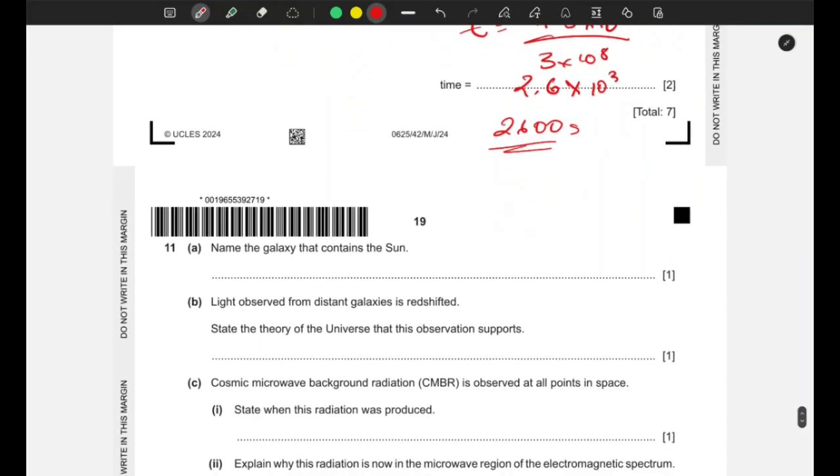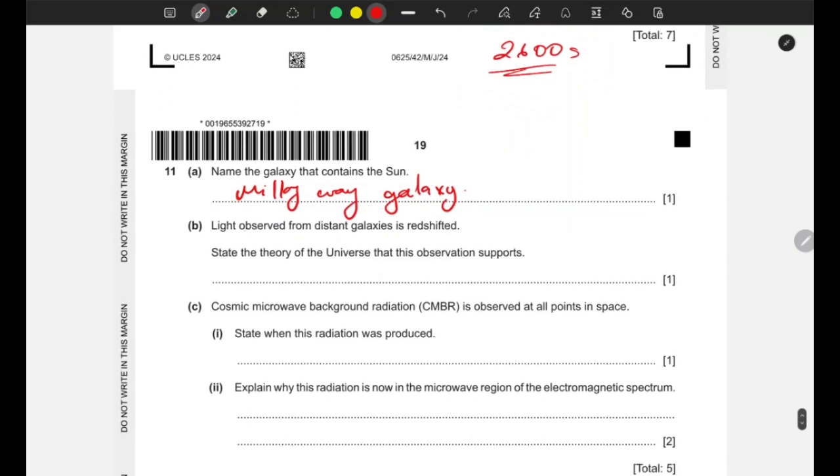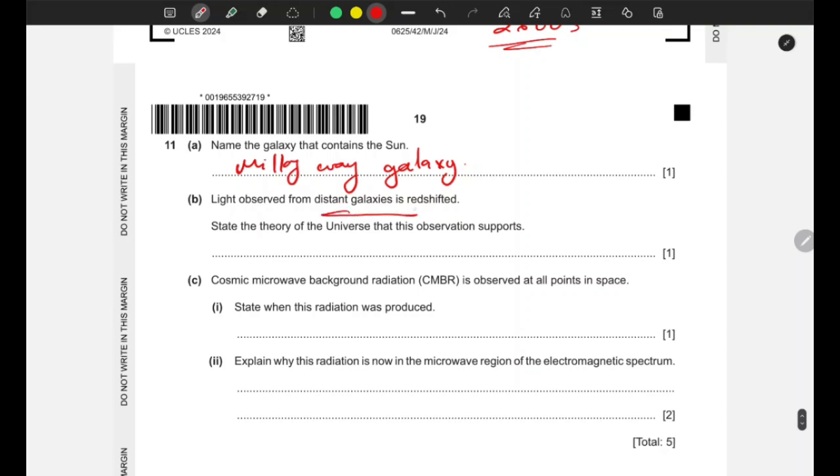Name the galaxy that contains the sun. So that's the Milky Way galaxy. Light observed from a distant galaxy is redshifted. State the theory of the universe that this observation supports. So it supports the Big Bang theory.